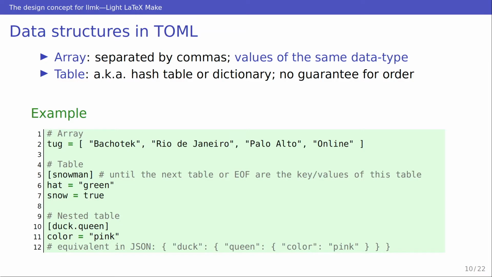So in this case, the keys heart and snow, in lines 6 and 7, belong to the table snowman. A bit more complicated, tricky case is the nested table, shown from line 10. The key-value color equals pink is in the queen table in the deck table.